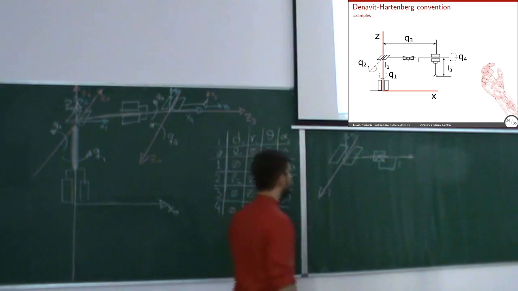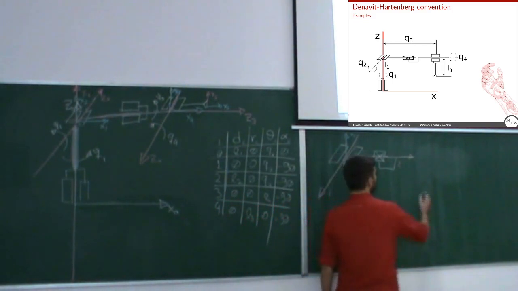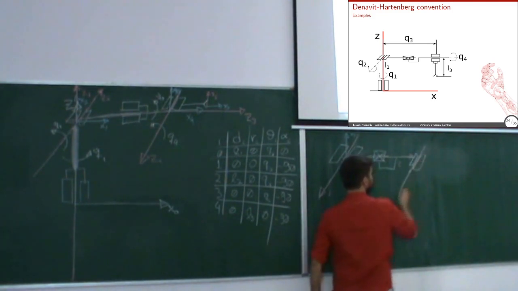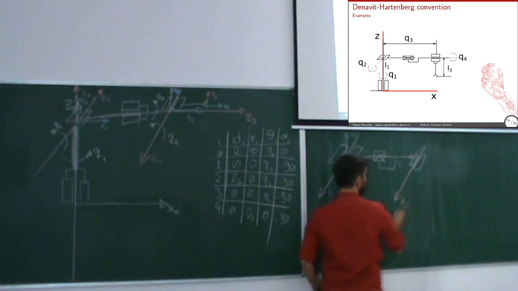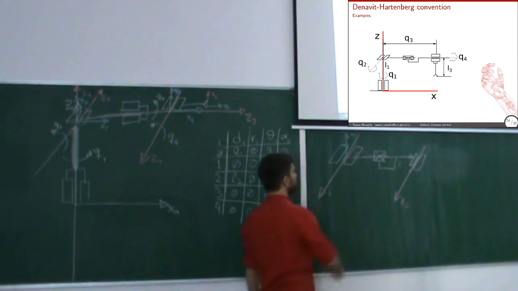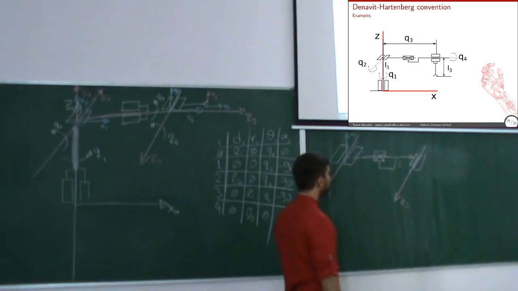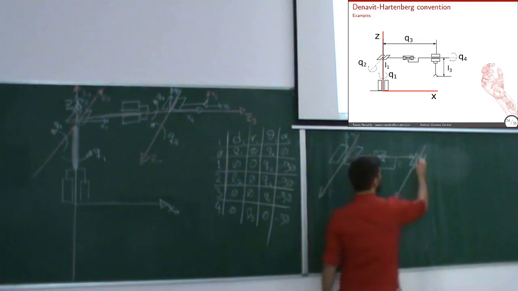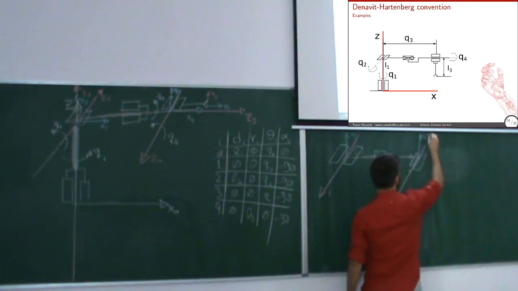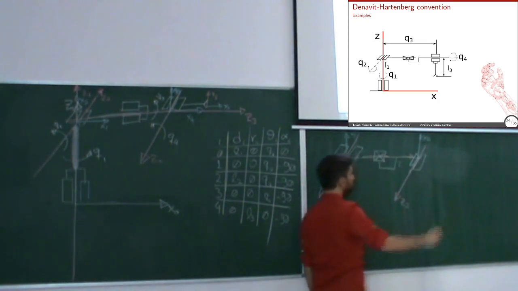Let's say I have a joint again like this. Okay, sorry for the confusion. So this is my Z3. Okay, so X1 is perpendicular to Z1 and Z2. X2 will be perpendicular to Z2 and Z3, right? So here. And Z3, we don't care.